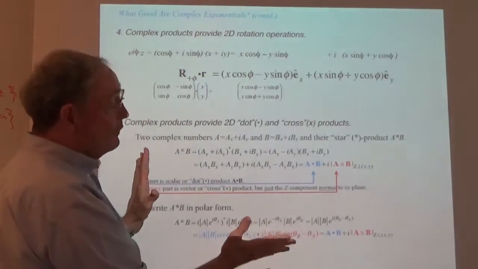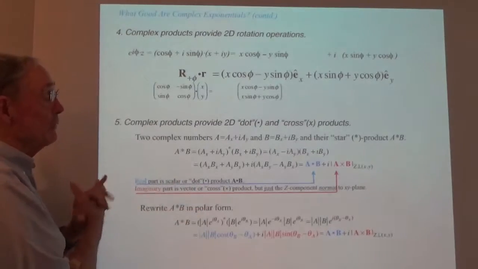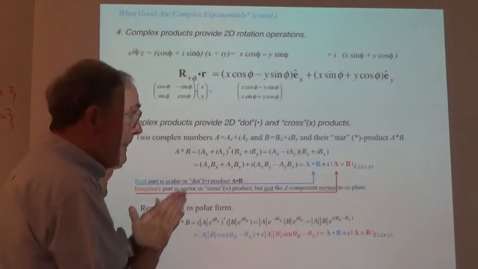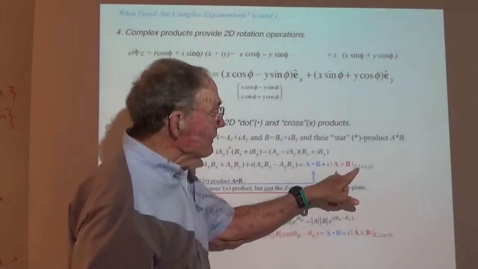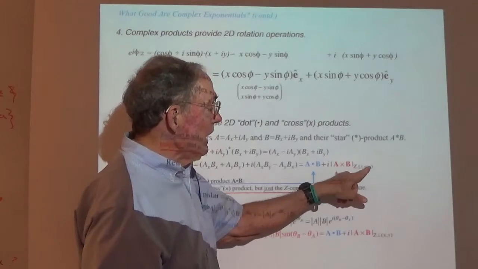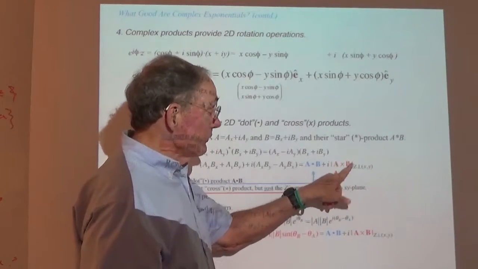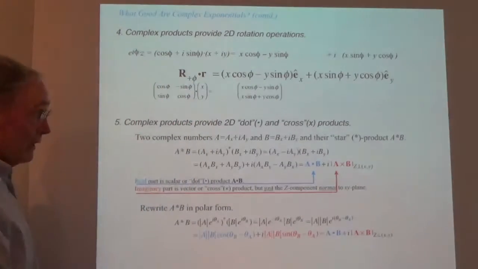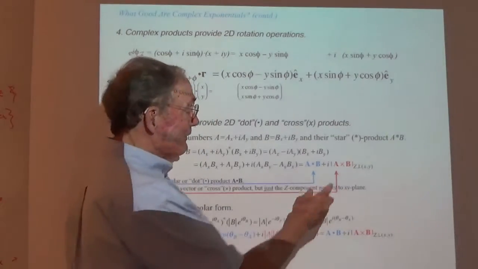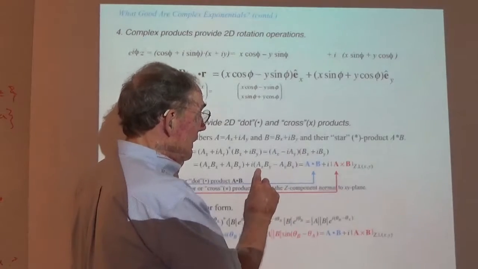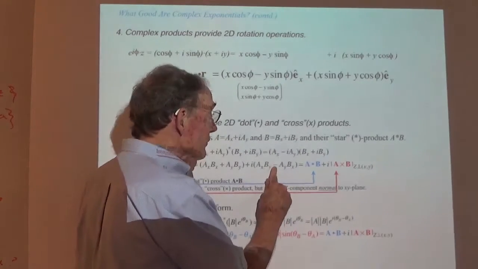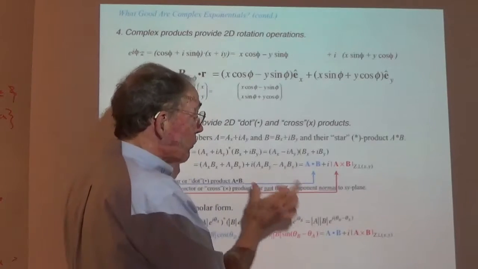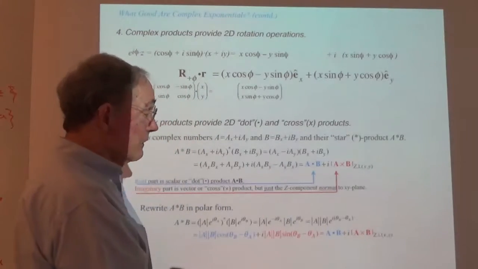That is the third dimension that complex variables, for the most part, ignore. But because the big Z component is perpendicular to x and y, it's the cross product. Okay, this is the number here, ax by minus ay bx, in that order, that was given to us by this product.